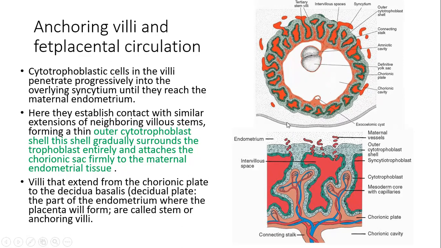Villi that extend from the chorionic plate to the decidua basalis, the part of the maternal endometrium where the placenta will form and where the embryo is attached, are called the stem villi or the anchoring villi.